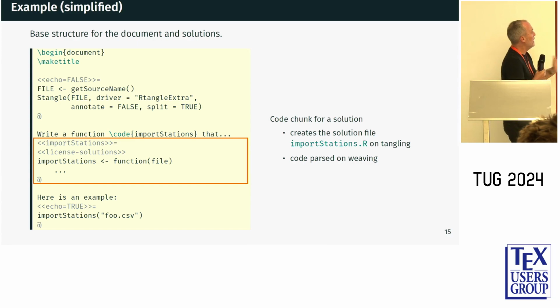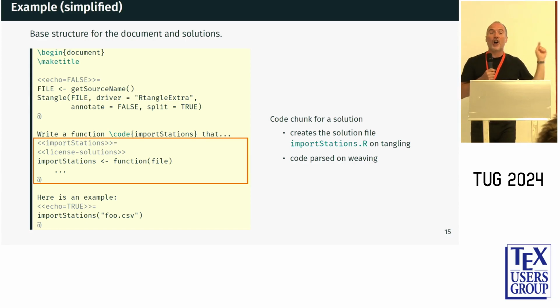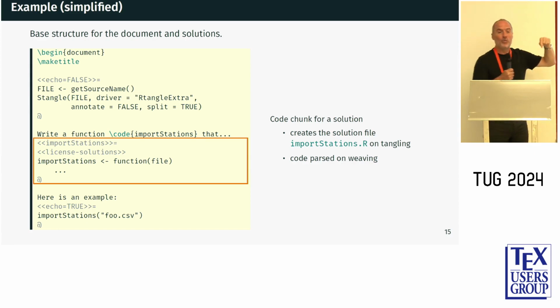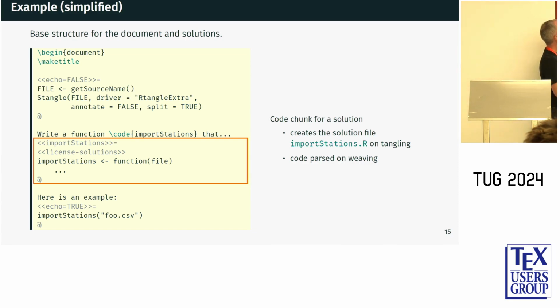So here we have another section. This is just a regular weaving procedure, a solution basically, where I define the code of the solution, and since the code chunk is named, it will create, on the tangle step, a file called importstations.r. So at the tangling step, the file will be created.